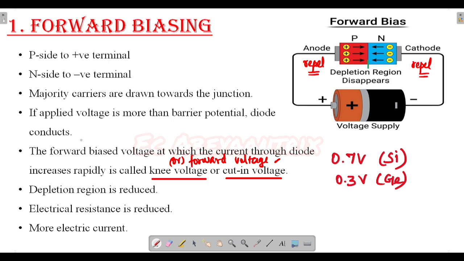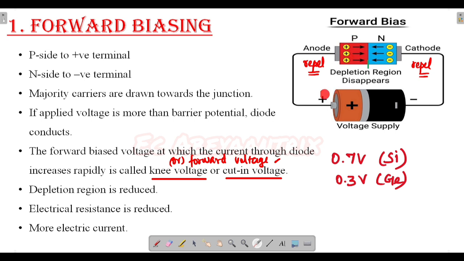So this is the main concept. The P side is connected to the positive terminal, and the N side is connected to the negative terminal. When we apply an external voltage greater than the knee voltage, cut-in voltage or forward voltage for that particular semiconductor crystal, the diode starts conducting. How does it start conducting?